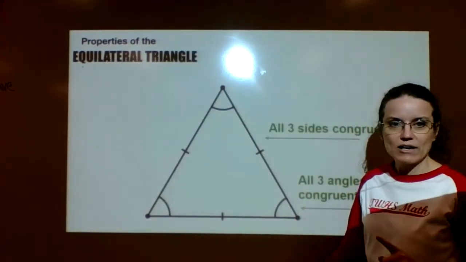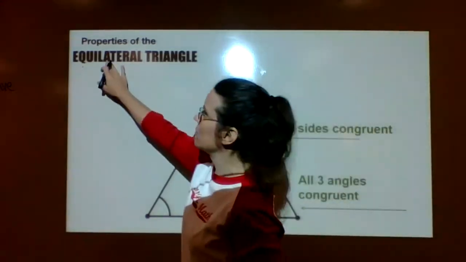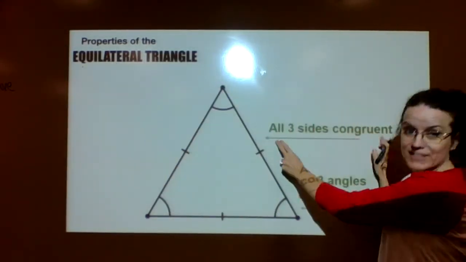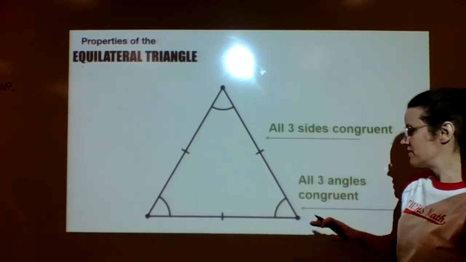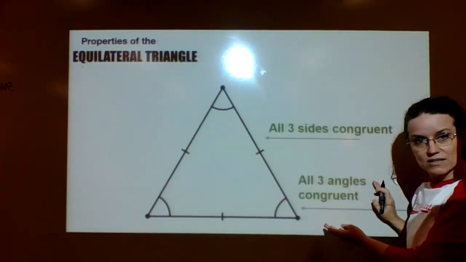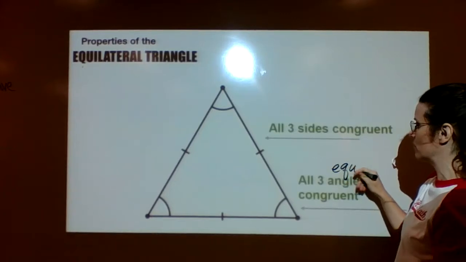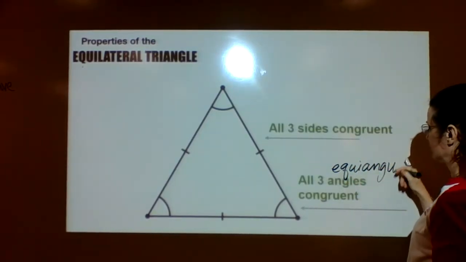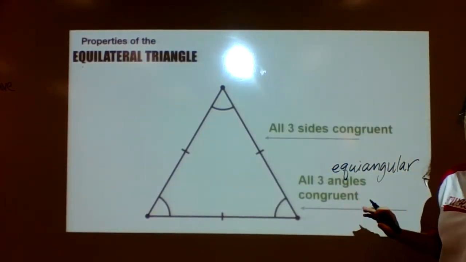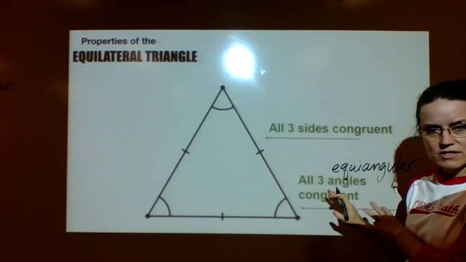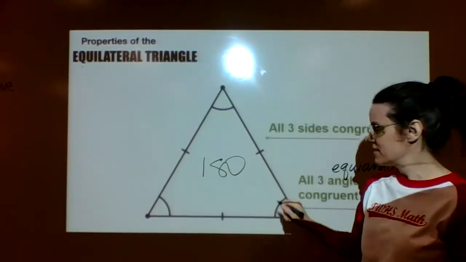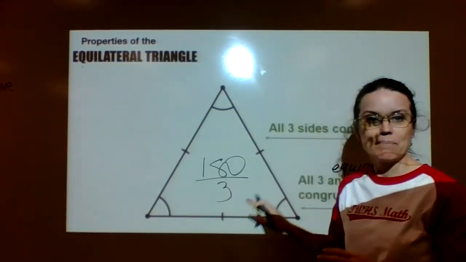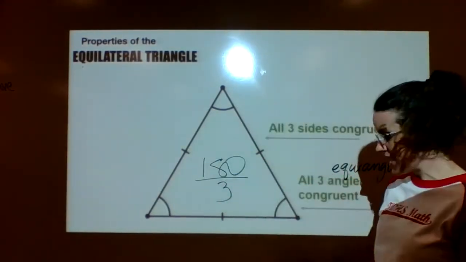Now we have an equilateral triangle. Remember, equilateral means equal sides, so, ta-da, all three sides are going to be congruent. We also mentioned that all three angles are going to be congruent. It's equiangular. All right. Well, if they're equal angles and the whole triangle is 180 degrees, I should be able to divide that up evenly among those three angles.